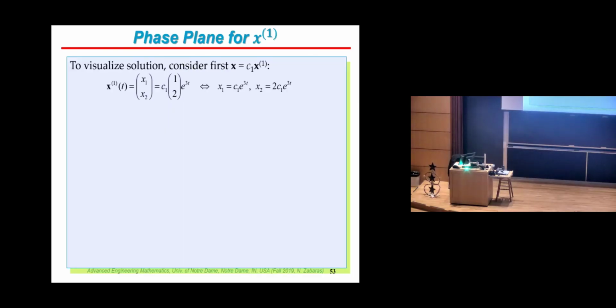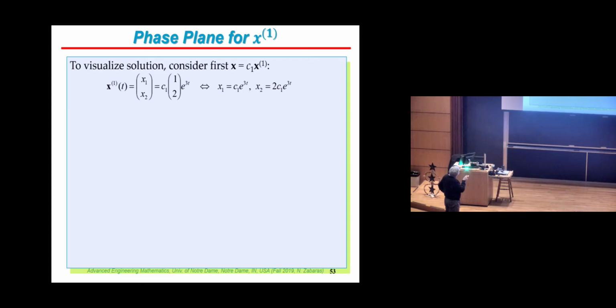Now, if C1 is positive, what happens to this solution as t goes to infinity? If C1 is positive, where is the solution going? To infinity, okay? And obviously, if C1 is negative, then this goes to minus infinity.